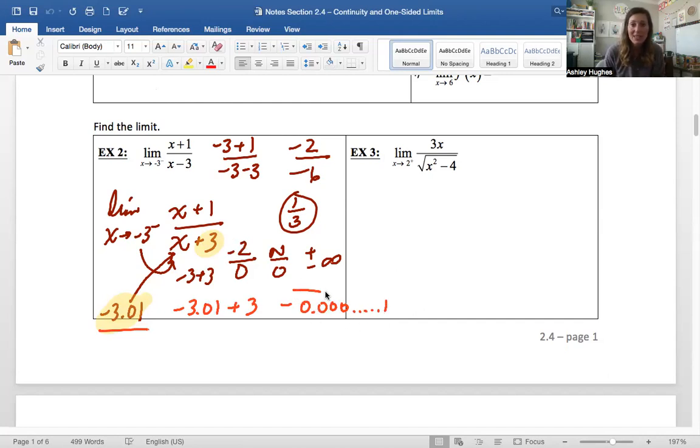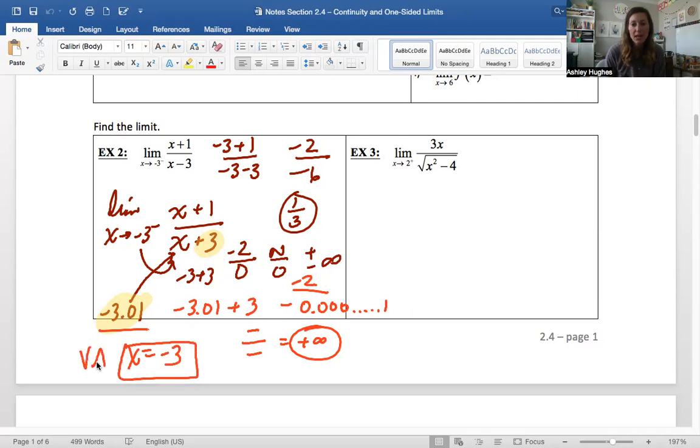And the top is -2. So what's a negative over a negative? A negative over a negative is a positive. So this would be going to positive infinity. And there's an asymptote here at x equals -3. There's a vertical asymptote at x equals -3, which we'll talk about more in just a minute.